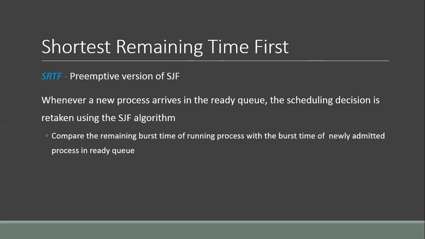So what we do in this algorithm, whenever a new process arrives in the ready queue, we will compare the remaining burst time of the currently running process with the burst time of this newly admitted process.